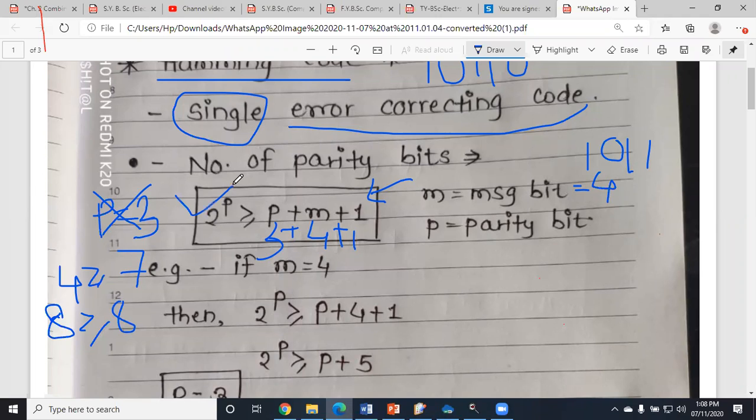So this formula is satisfied here. Is everyone getting it or not? Yes, ma'am. Now that is why I can consider my parity bits equal to 3. Message bits equal to 4, this is given to you, and the parity bits we calculated equal 3.